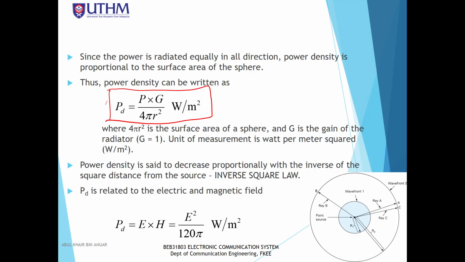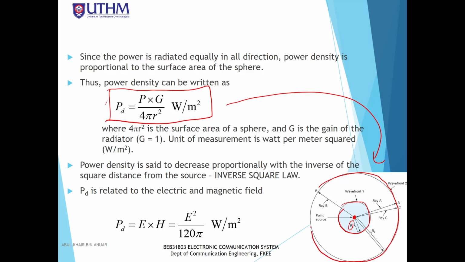So r is the distance from the antenna, where the antenna is located at the center. Antenna terletak pada center. Maybe we can see this from the picture. This is the antenna, and here we have R1 as the distance, and we have R2 as the distance of the outer layer.